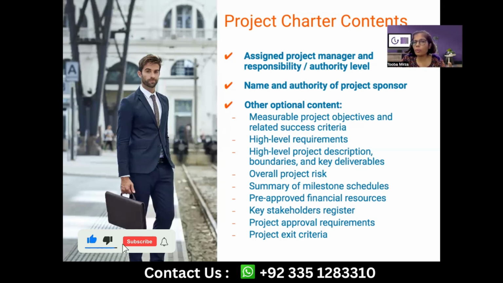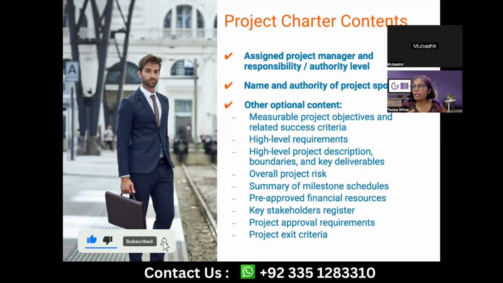And of course, the role of the project manager and the role of the sponsor should be ideally streamlined, because these are the two main stakeholders who should have their roles and responsibilities clearly identified and clearly aligned with each other, because at times they are doing overlapping work, and at times the roles and responsibilities may get shuffled with each other, which may be a little disturbing for them and for the team.